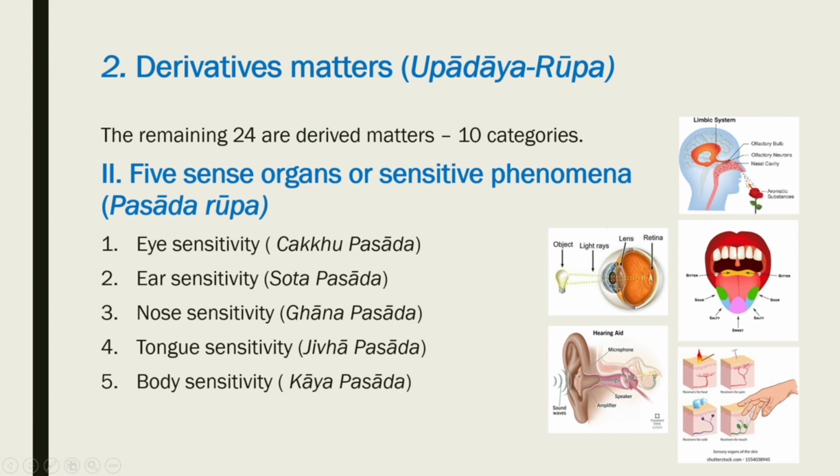The next thing you need to know is the so-called 5 senses: eye sensitivity, ear sensitivity, nose sensitivity, tongue sensitivity, and body sensitivity.